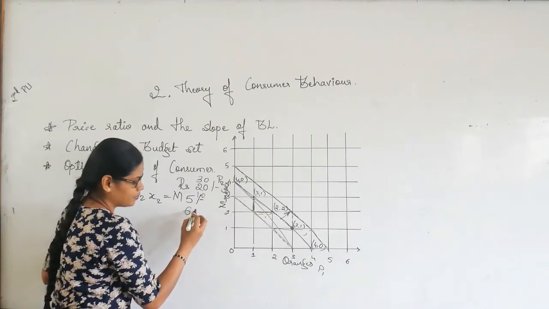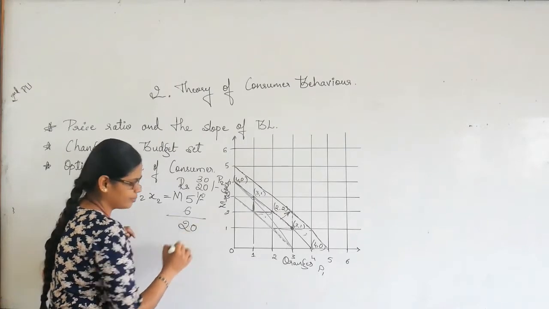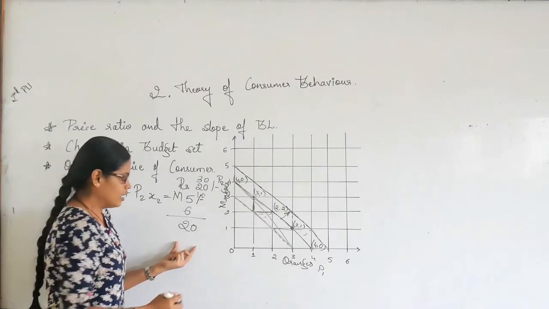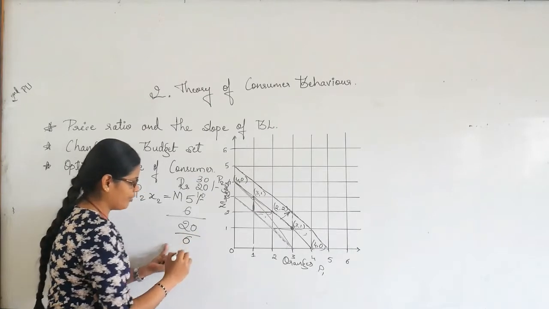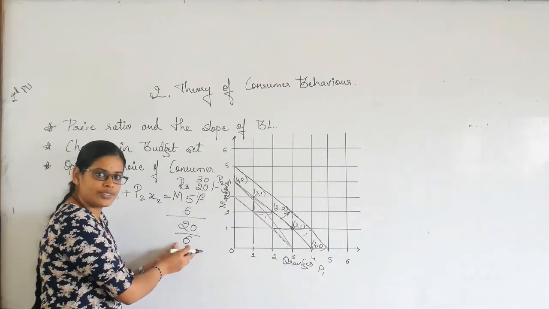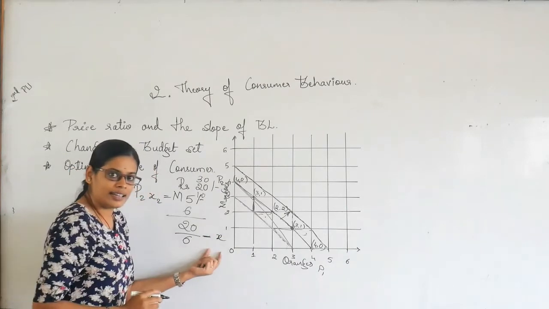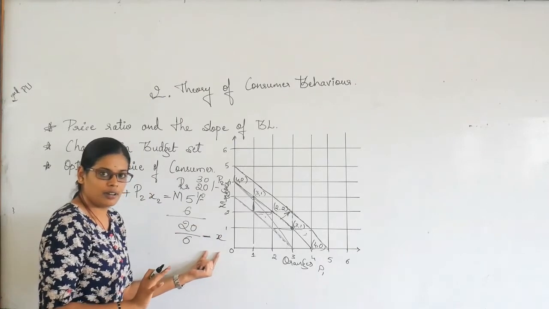It's like, you have 20, right? And if you divide it by 6, where each unit of orange costs 6, then the answer is not 4. Got it?